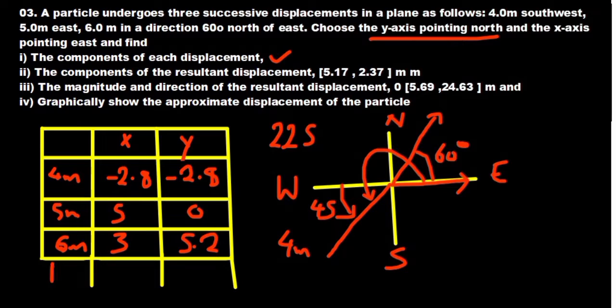The x component will add negative 2.8 plus 5 plus 3, we have 5.2. For our y component, it will be negative 2.8 plus 0 plus 5.2. We have 2.4.